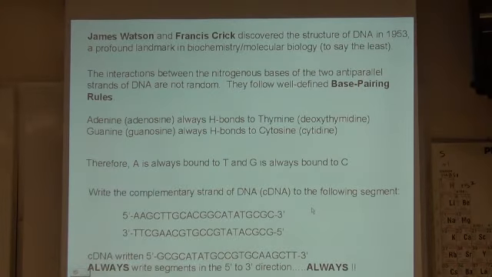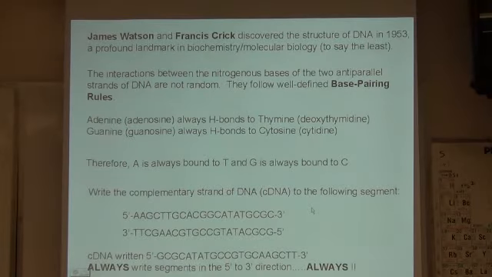We have to write in the 5' to 3' direction because the codon tables for the translation of messenger RNA are in the 5' to 3' direction. So we have to do it this way. We might as well get in the habit right now. Everybody see that? Understand? Watson and Crick?